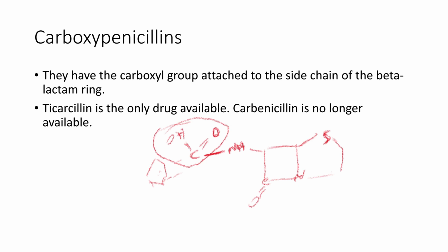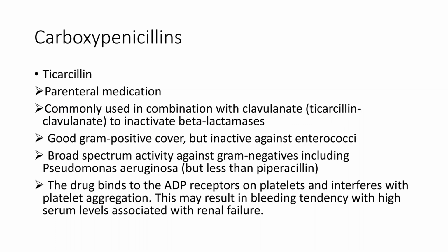Then carboxypenicillins. Carboxypenicillins have a carboxyl group attached to the side chain of the beta-lactam ring. These days carbenicillin is not available because of side effects. Ticarcillin was the only one available of the carboxypenicillins, and it's a very popular drug anyway.